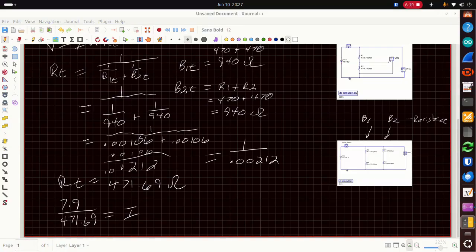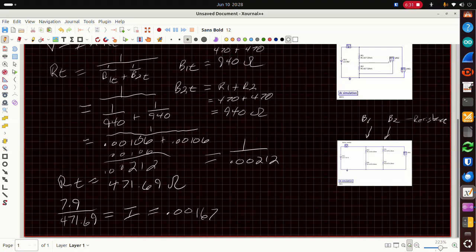So I equals 0.001674, or, and that would be amps, or 16.74 milliamps.